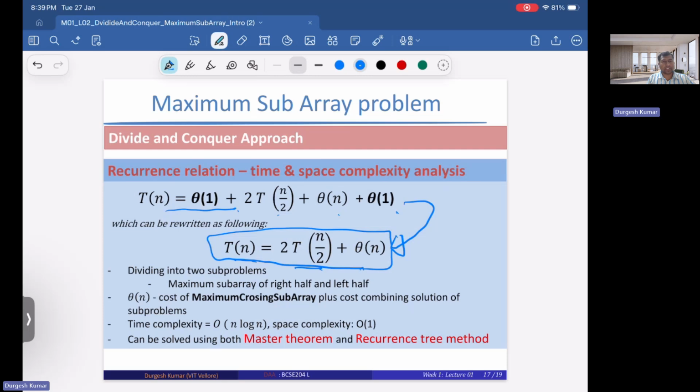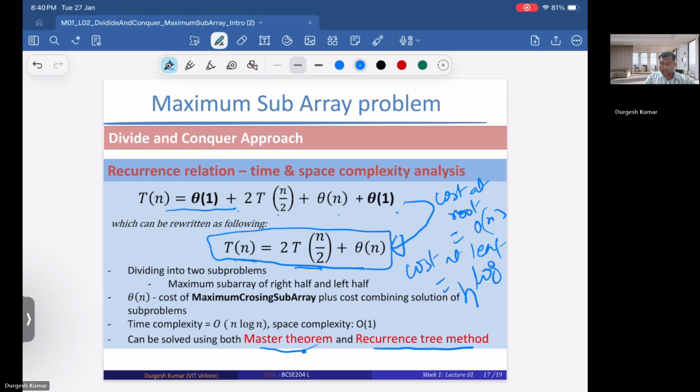This is a very simple recurrence relation which can be easily solved using either the master theorem or the recurrence tree method. Using the master theorem, cost at root becomes f(n), that is order of n, whereas cost at leaf node becomes n to the power log b base a. Both b and a are 2, so it becomes n.